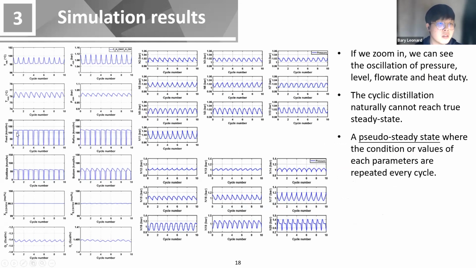We can also see that the feed actually oscillates. So here during the VFP, we charge in the feed, and then during LFP, we stop the feed and so forth. And we can also see the stage pressure oscillations here. Because of the nature of cyclic distillation, this system naturally cannot reach a true steady state, but it can only reach a pseudo steady state.